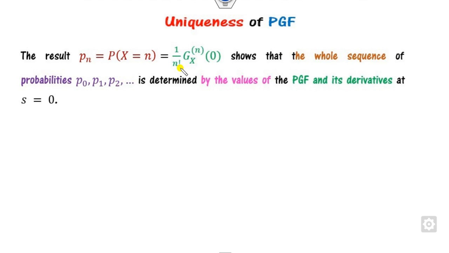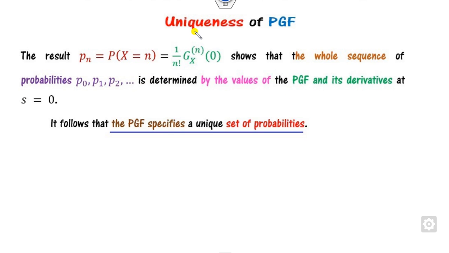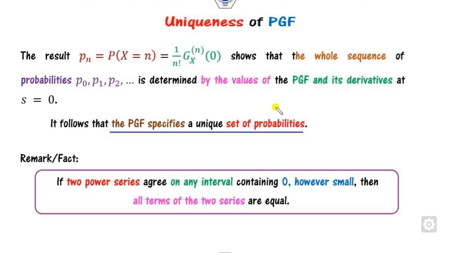We will see in the future how you can find the mean, but one of the most important results is the uniqueness of the PGF. We have seen how you can compute the probabilities with the help of the PGF, that is with the help of the derivatives. Now this PGF uniquely specifies the set of probabilities.